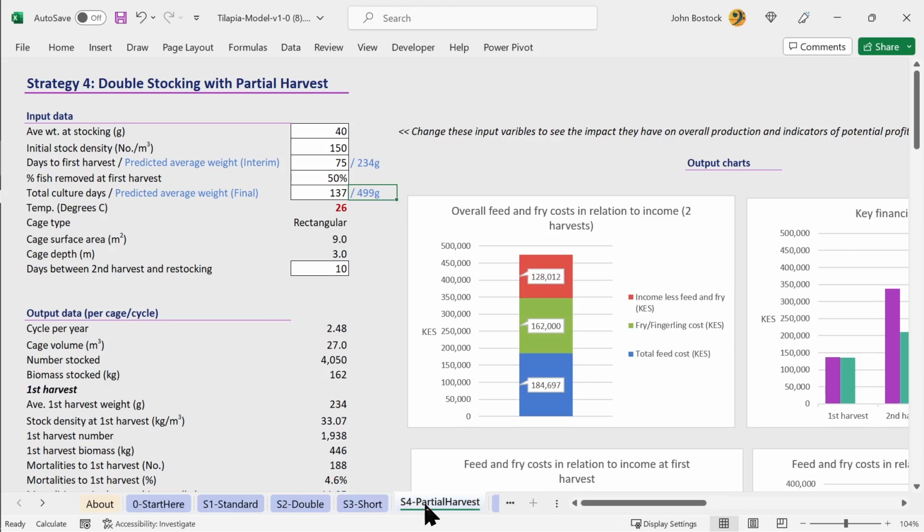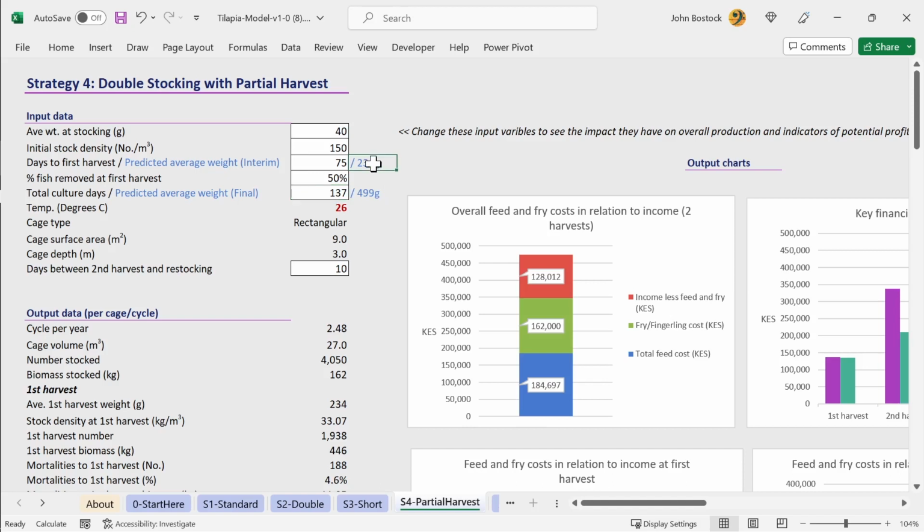The final strategy, S4-partial harvest, is more complex as it assumes an interim partial harvest of the fish that are initially stocked. For this strategy, you need to specify the number of days to the first harvest and what percentage of the fish will be removed at that stage, as well as specifying the total culture days.